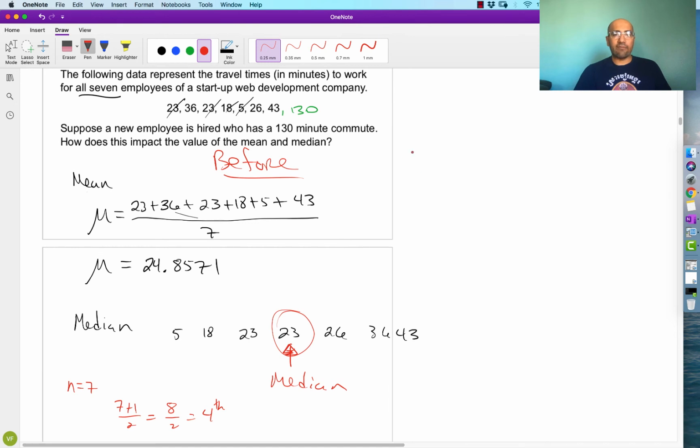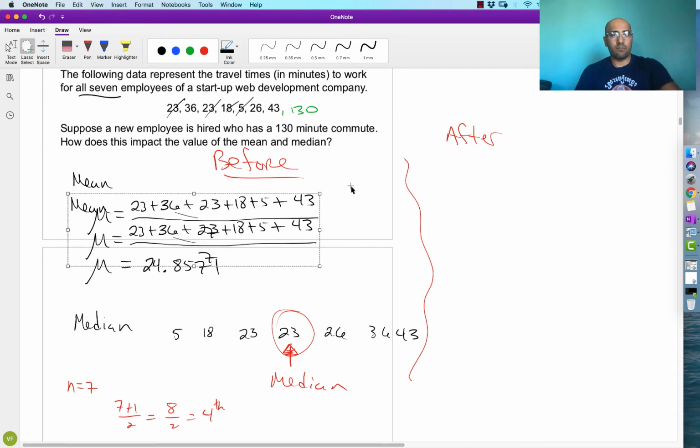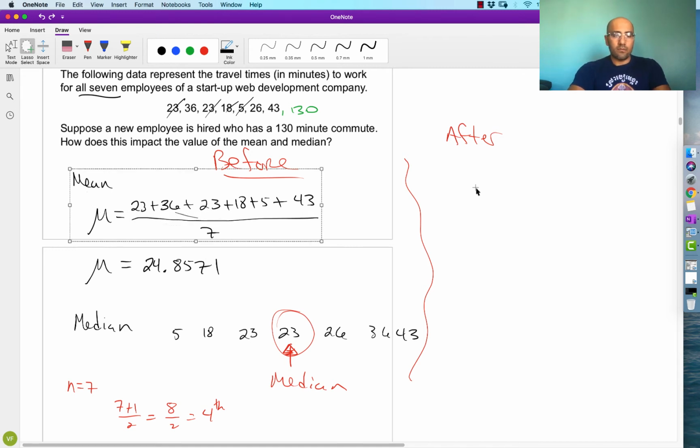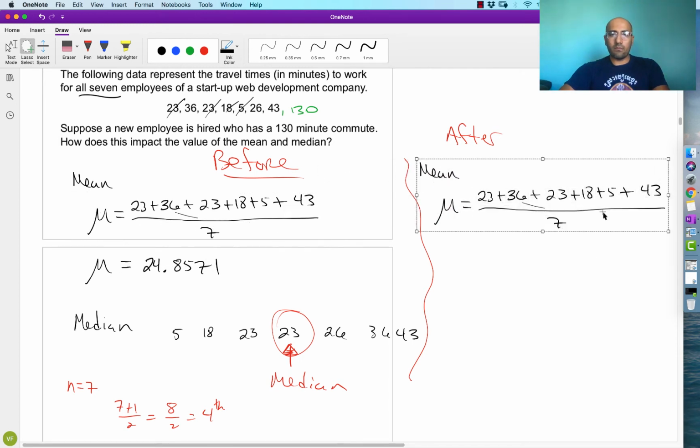All right, what happens after? Now how does that change this?